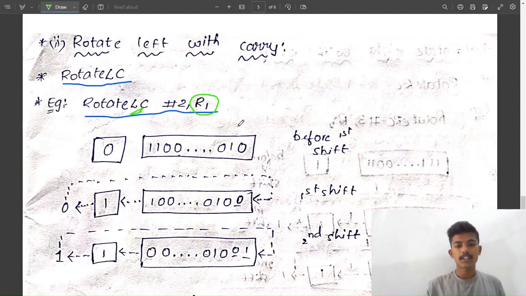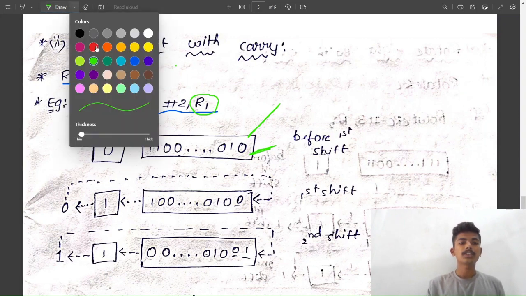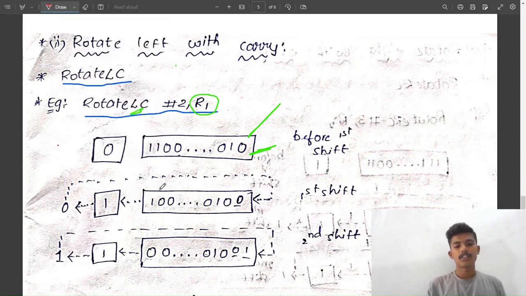Now let us take an example here. The data in R1 is this one. This is the data before performing the first shift. After performing the first shift, the leftmost bit in R1 is shifted here, and all the data is transferred to the left side.